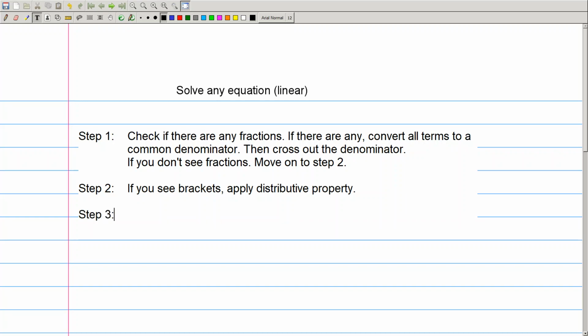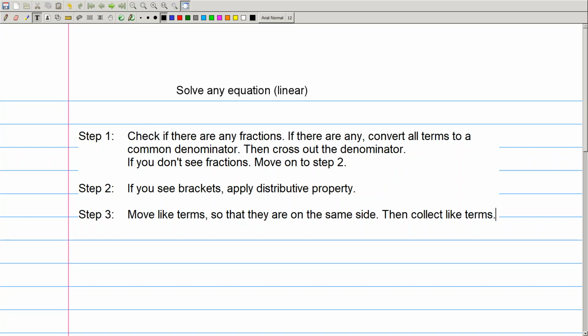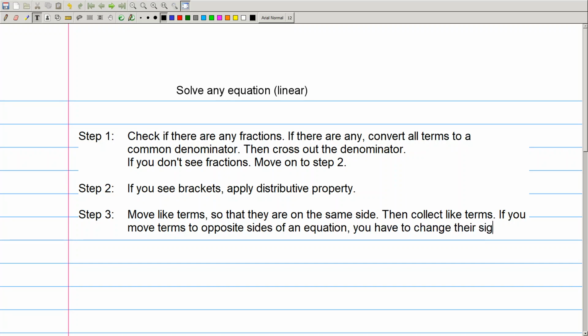Okay. Step 3, move like terms so that they are on the same side. Okay. So the like terms have to be on the same side, then collect like terms. It's that easy. Okay. If you move terms to opposite sides of an equation, you have to change their sign.